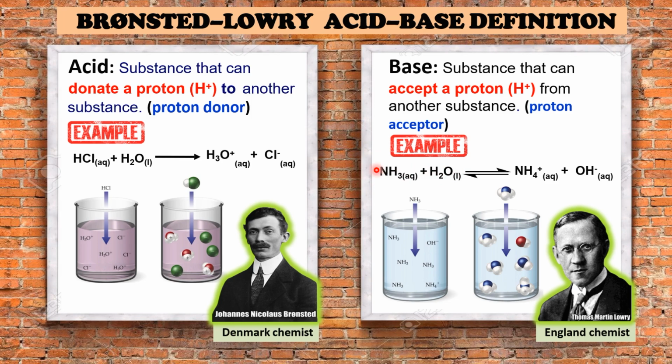Because of that, NH3, ammonia, is a base, whereas water is the acid. From these two examples, we can see that water can react as an acid or it can also react as a base, depending on the other reactant.